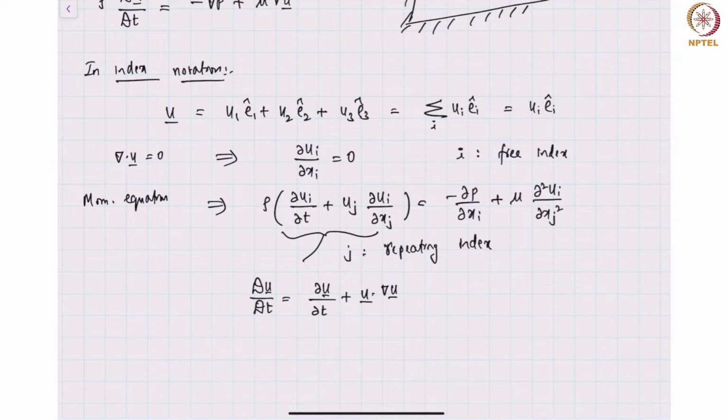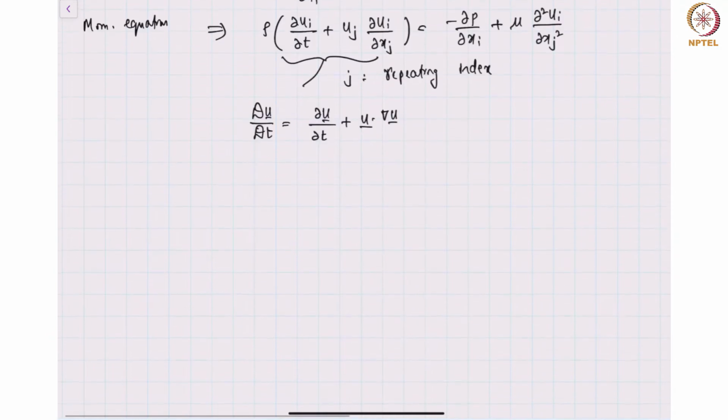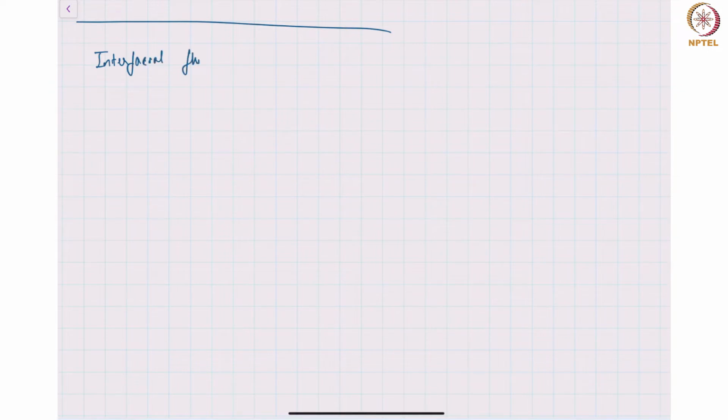Now, what would happen to a problem with interfacial flows? Okay, so let me just write down. In an interfacial flow, let's consider a simple example of a system which has two fluids, air and water.